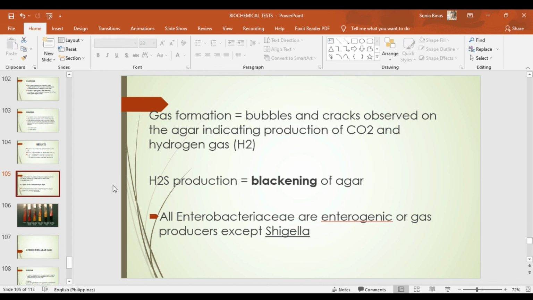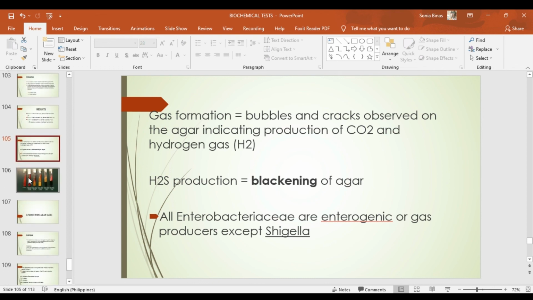So, ang H2S positive naman po natin, ito ang ating Proteus, Arizona, Providencia, Citrobacter, and Edwardsiella. Pero yung gas production, napoproduce siya ng ating Enterobacteriaceae, sorry, except for our Shigella.